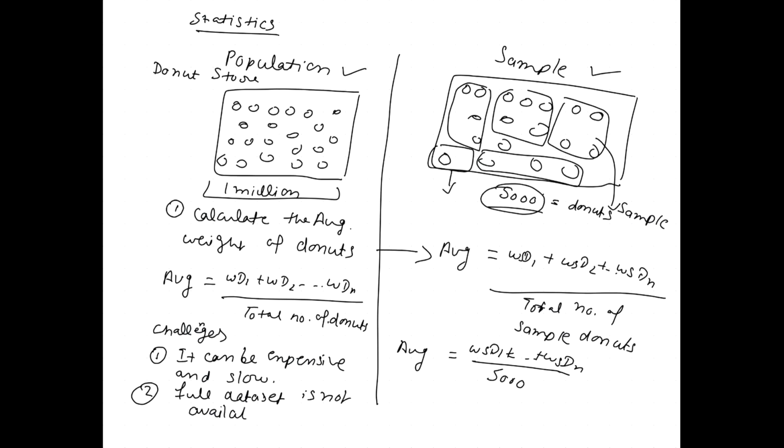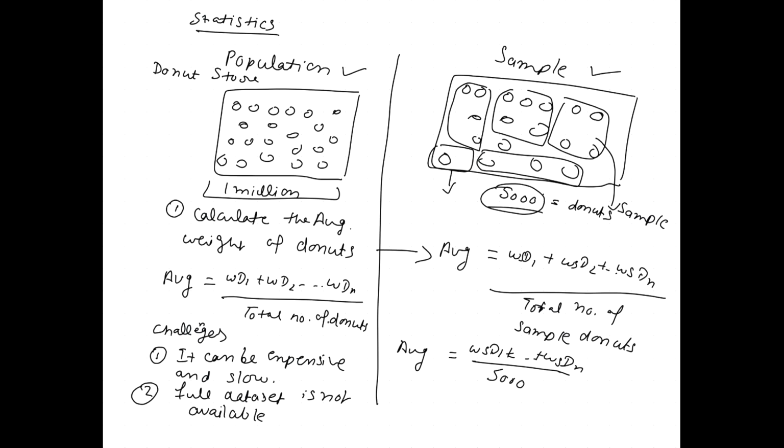Here we are talking about donuts, but take an example of the medical department: you want to predict the disease of each patient present in the hospitals of the entire city or country. Some hospitals are sharing the data with you, some are not allowed to. In that case you don't have the full data, and your model may not be able to predict correctly. And it is expensive and slow too.